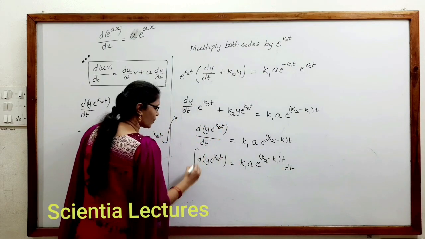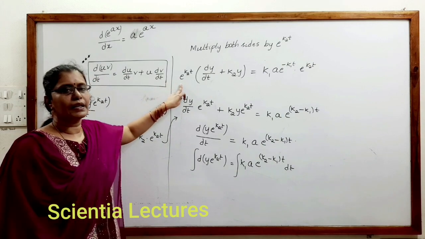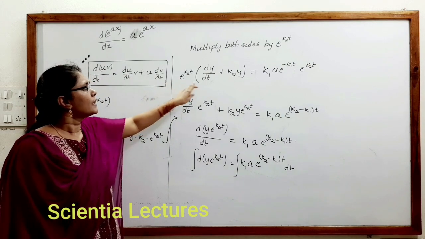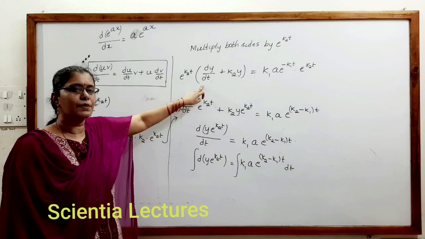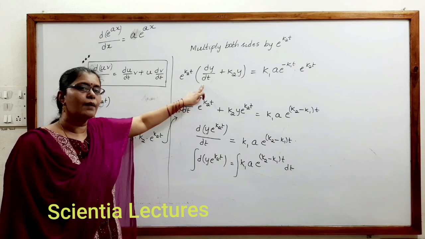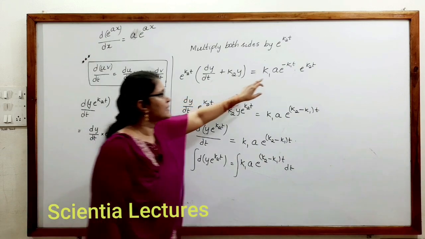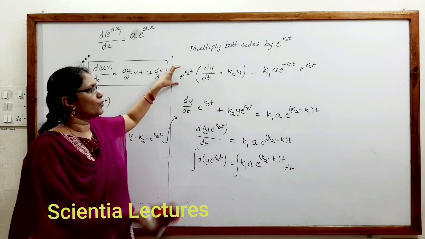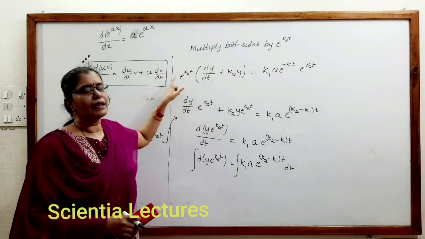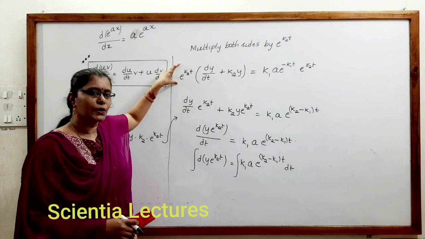Taking the integration on both sides. Let us check the condition once again. This is the equation we got for dy/dt: dy/dt must be equal to k1 into (A minus x) minus k2y. A minus x could be written as A e^(-k1t). Taking k2y to this side and multiplying by e^(k2t), we get this equation.